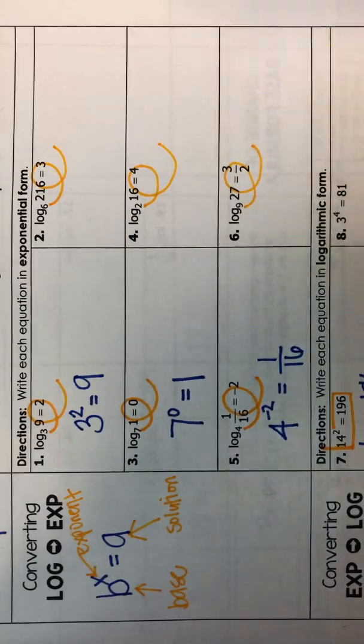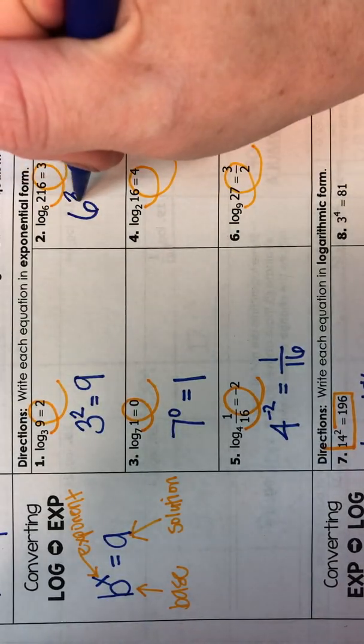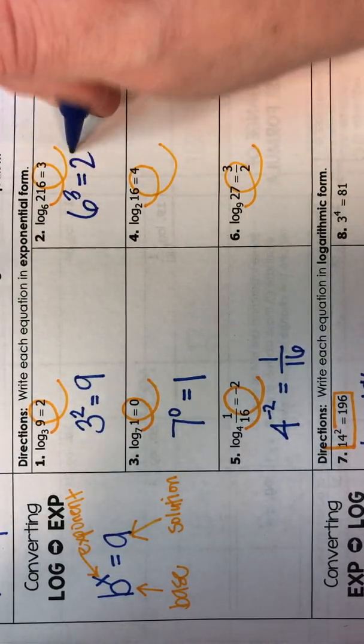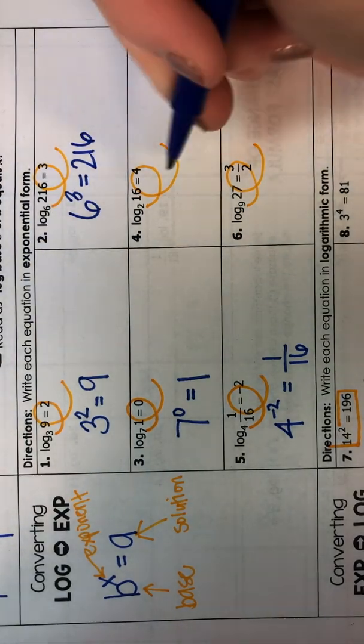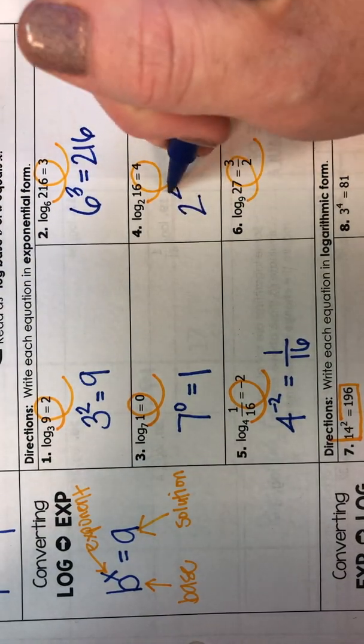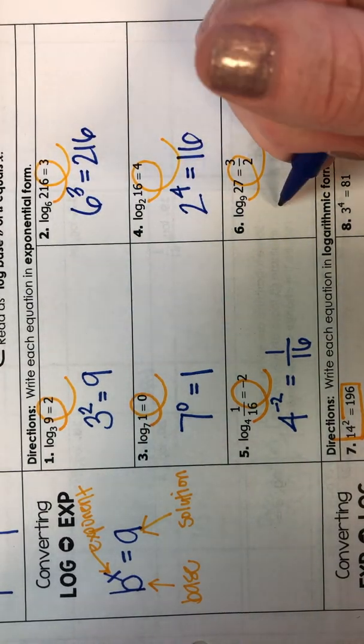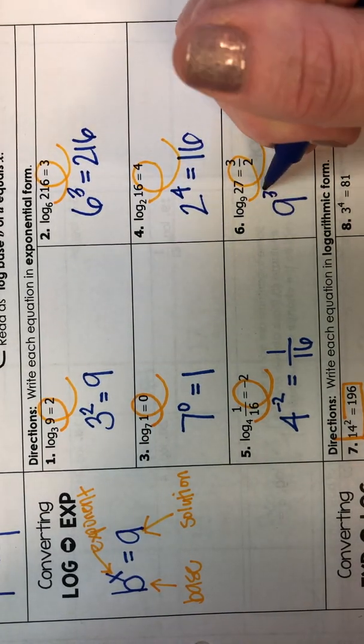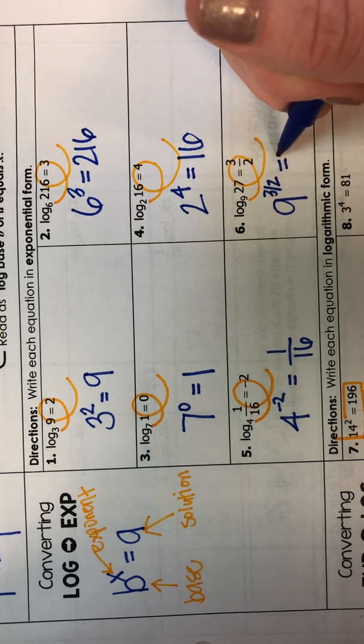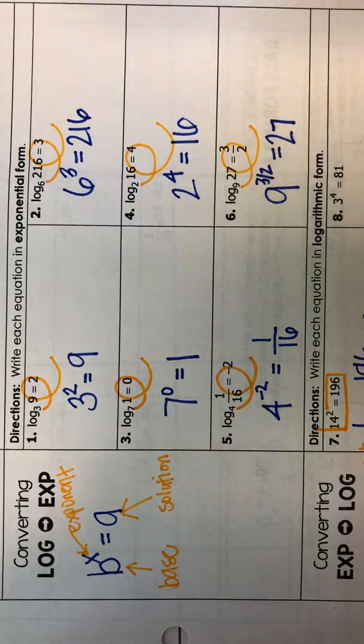So right here, this one should have been 6 to the 3rd power equals 216. This one should have been 2 to the 4th power equals 16. And this one, 9 to the 3/2 power equals 27.